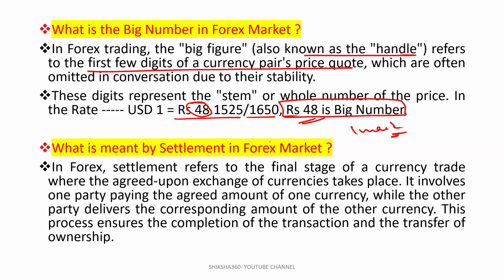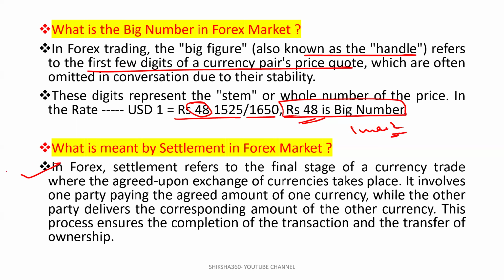What is meant by settlement in the forex market? In forex, settlement refers to the final stage of a currency trade where the agreed upon exchange of currencies takes place.